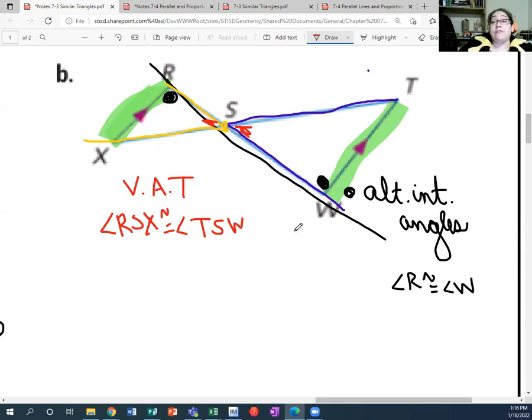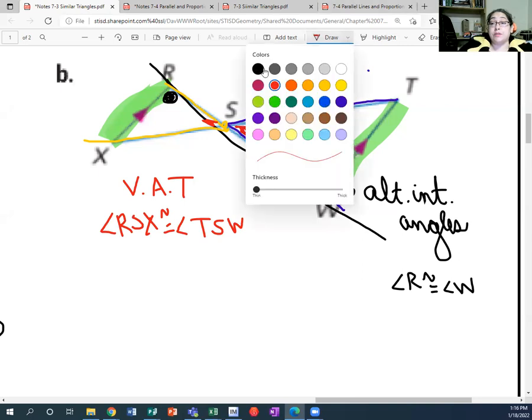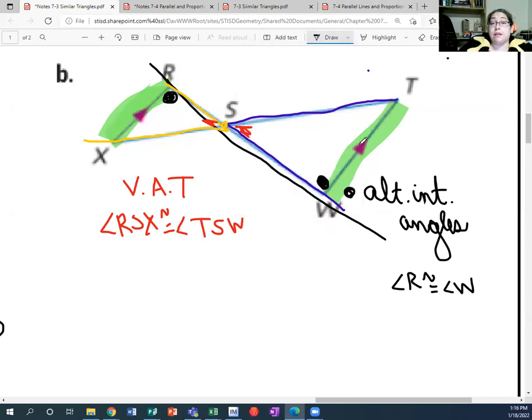All right, do we have enough information to say these triangles are similar? Yes, because my postulate 7.1 said I only needed to show two pairs of angles congruent in order to state these triangles are similar.